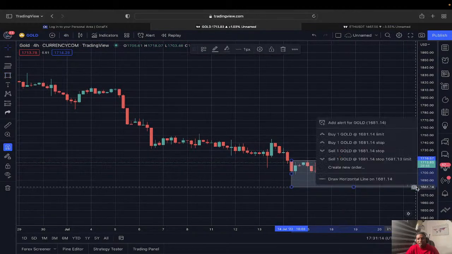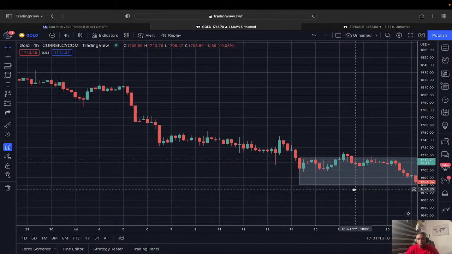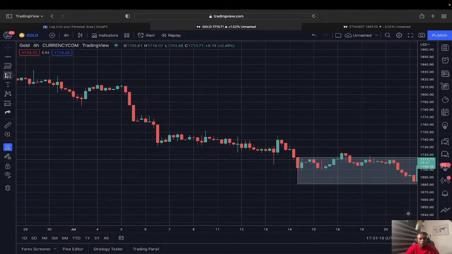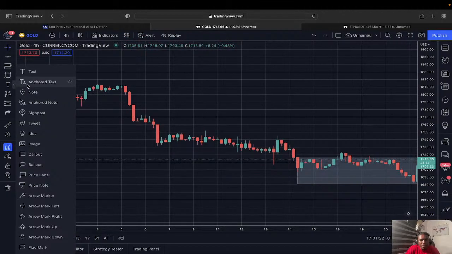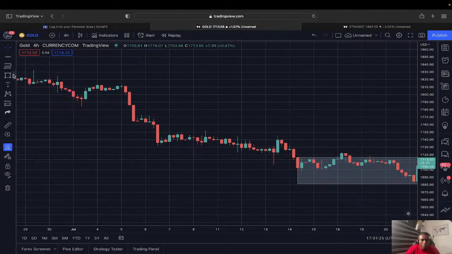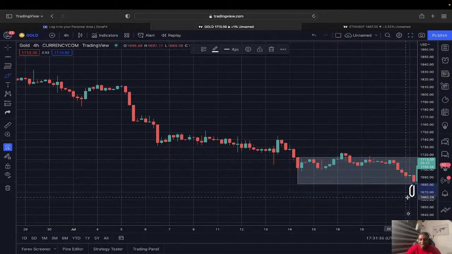Okay, we mark out this level, right? Now, having marked out that level, if this bearish candle breaks out, you will not want to jump on the trade and start selling off. You want to wait for the next candle.